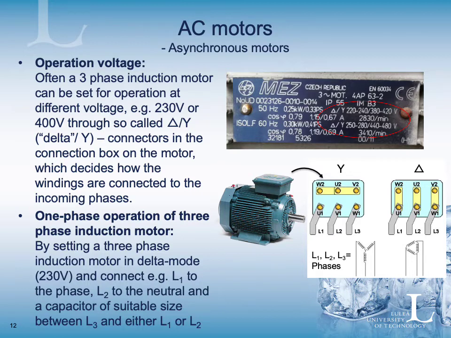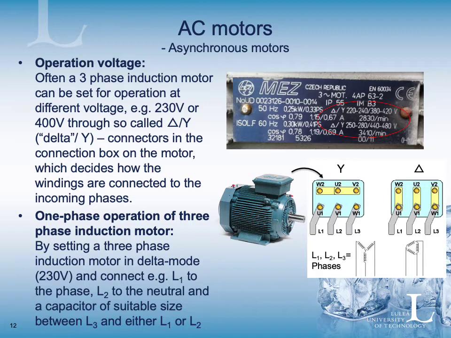And you can also operate one of these three-phase motors if you only have a one-phase cable available. Then you set the three-phase induction motor in delta mode, meaning that it wants to operate at 230 volt.